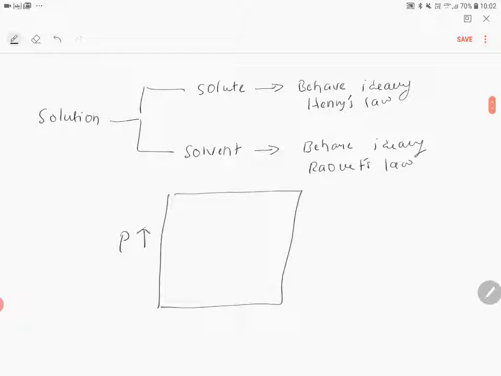the y-axis is pressure, the x-axis will be mole fraction, and A becomes the solute. So here the mole fraction of A is 0 and 1 here. Similarly, the mole fraction of B will be 0 here and will be 1 this side.